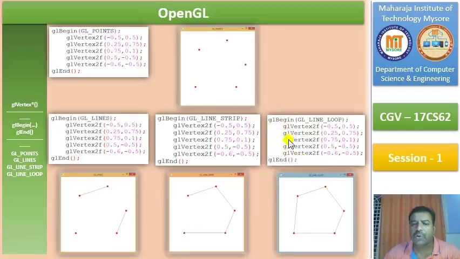Hence we have one more line segment between the last point and the first point. This is how GL_POINTS, GL_LINE_STRIP and GL_LINE_LOOP will be used whenever you want to pass them as a primitive. This was just a recap session to understand how exactly we make use of these primitives.